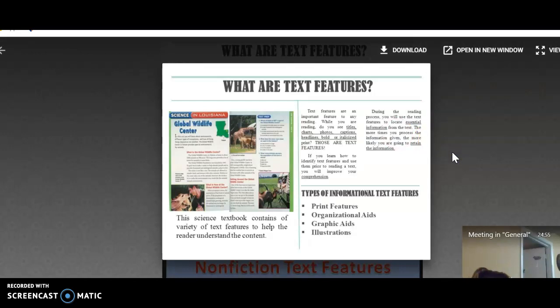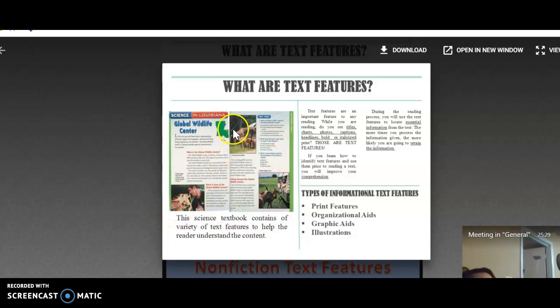You know, while you're reading, you're going to see titles, charts, photos, captions, headlines, bold or italicized print. Those are all text features. And here are some types of informational text features. We're going to see print features. We're going to see organizational aids, graphics, illustrations, and this science textbook right here has a variety of text features.